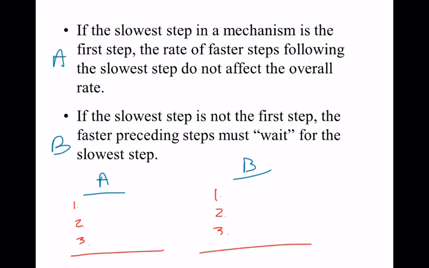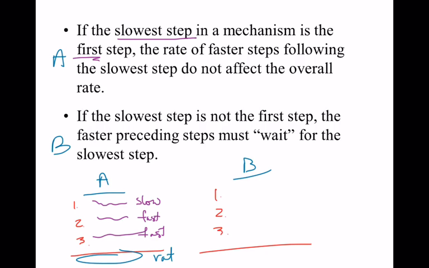And what this says is the slowest step is the first. Next to the steps, you're going to see the word slow, then fast, then fast. And when we say what this rate is for the reaction of interest down here, the thing that's driving this rate is that one.